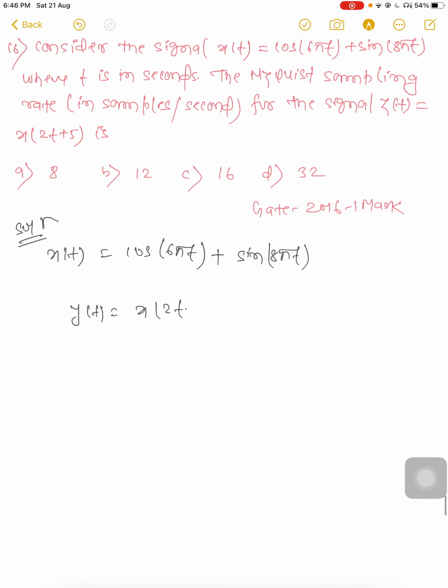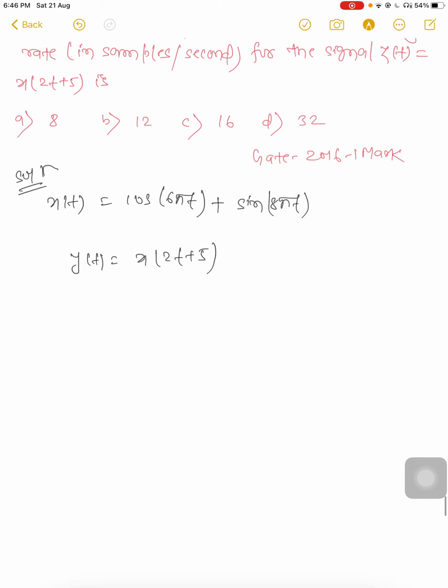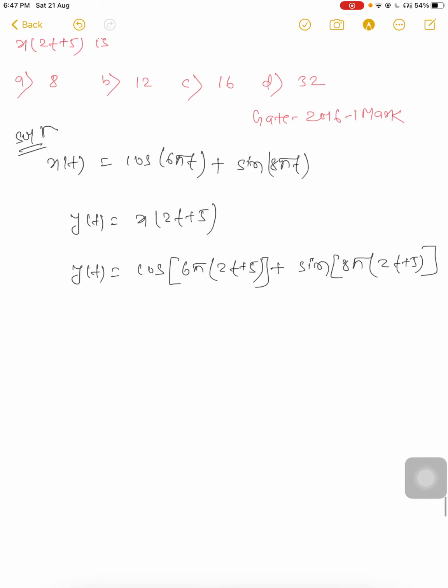So yt is nothing but x(2t plus 5), so yt will be cos(6 pi (2t plus 5)) and sin(8 pi (2t plus 5)).